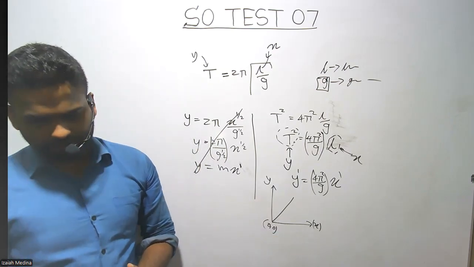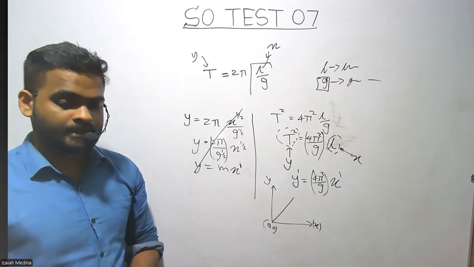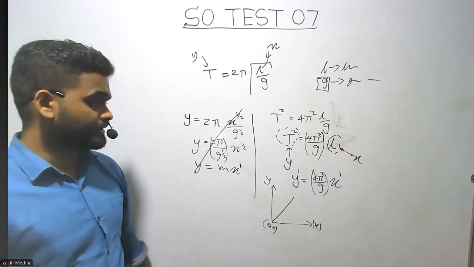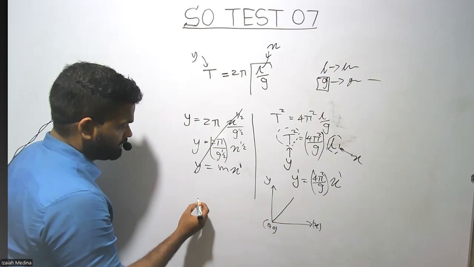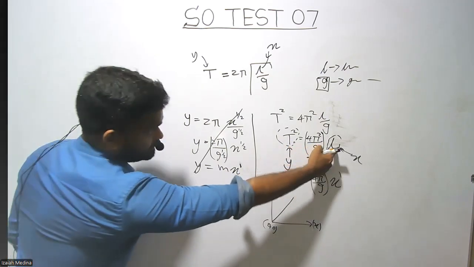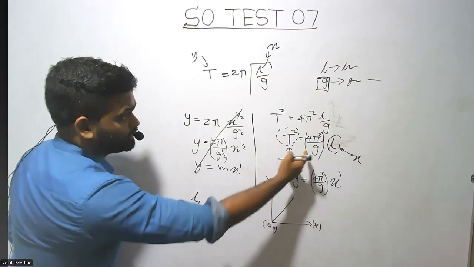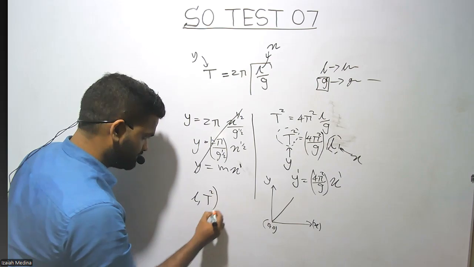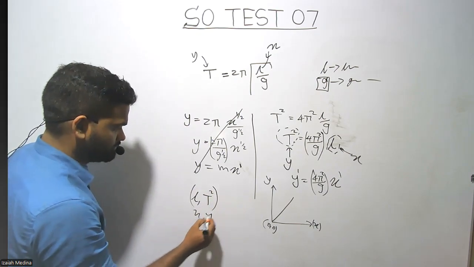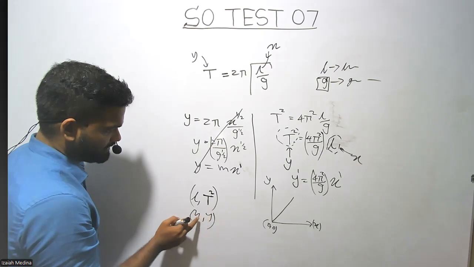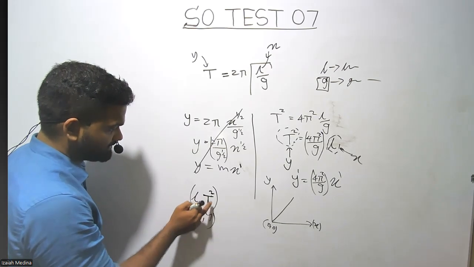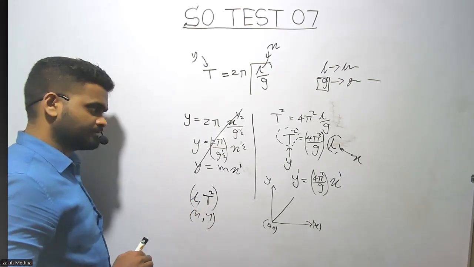Okay, so the answer is going to be the second one, right? The x axis is L, simple L, and the y axis is T squared.